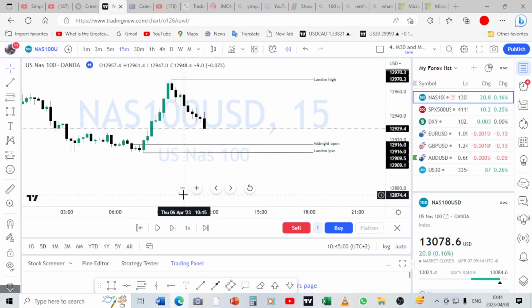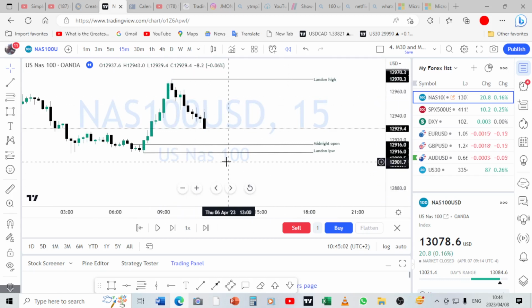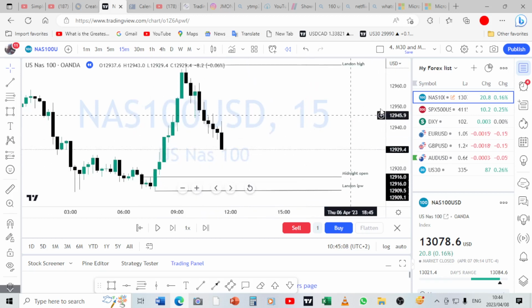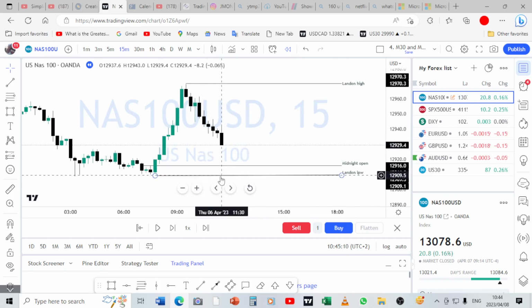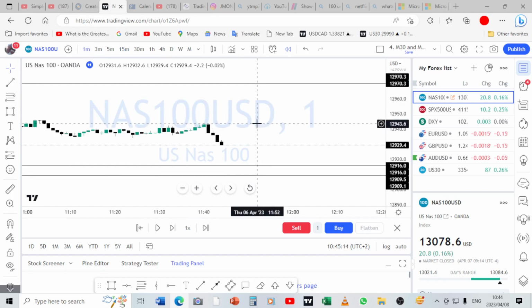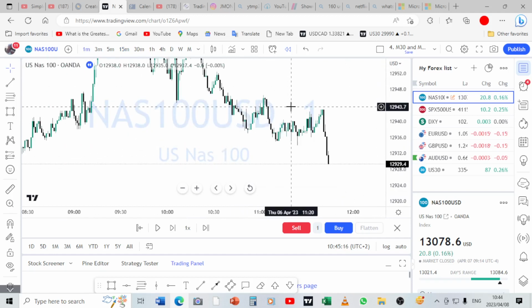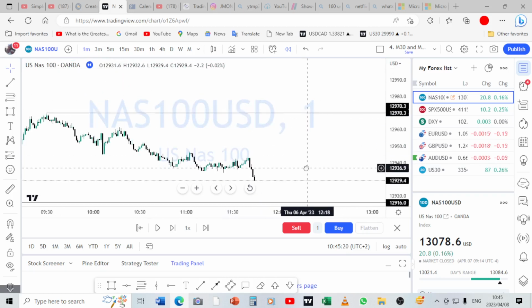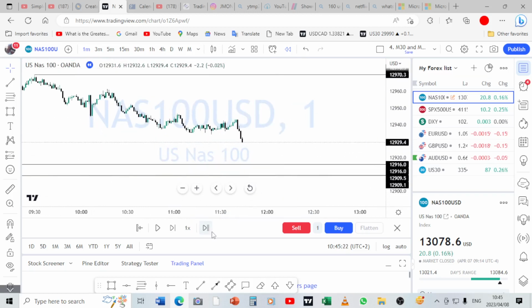You identify the high. So what happens is that you want to wait for the market to break this. You can go to your lower time frame and wait for the market to break the low or to break the high.